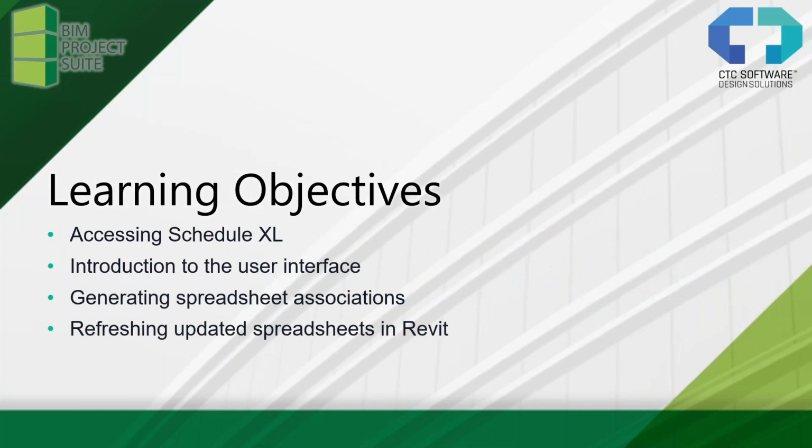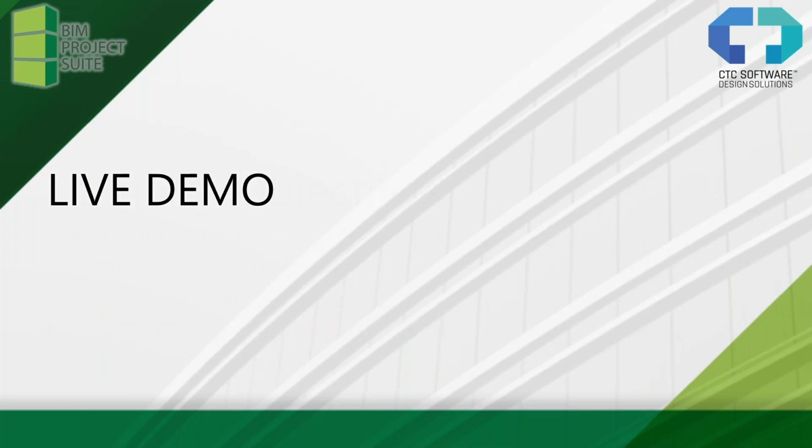A couple of things we're going to go over today: where the tool is and how to navigate around in the interface a bit, bring in a couple of different spreadsheets into either a schedule view or a drafting view, show you the different options and what the outcomes are, how to maintain updates and where to go to refresh everything, and then give you an idea where you can get your hands on it if you don't already have a copy. I do not like PowerPoints. It's always best and easiest for me to just show you, do some hands-on.